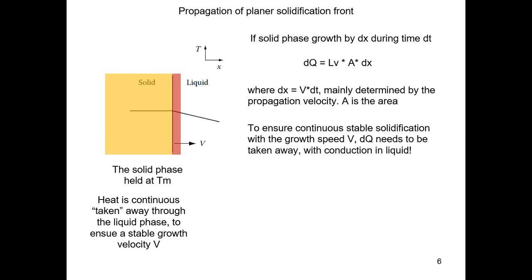This is not a class about heat transfer, but we know there are three ways to take heat away: radiation, like how we receive heat from the sun; convection, where you have hot water you want to cool down, you stir it so that it has convection with the air in a very complicated way; or simply conduction, where you have a cup of water and you just hold it still, so eventually the heat is taken away very slowly through the temperature gradient built in the surrounding air and the cup of water. So these are three different ways for taking heat away.